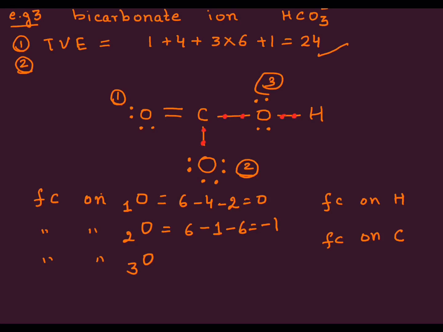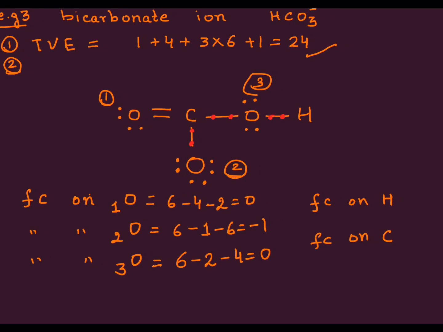We get a charge of minus 1. And what about the third oxygen? You have 6 minus, it is forming 2 bonds and it has 4 electrons in the lone pair, again a 0. So if you notice over here, the oxygen which is forming a single bond is having a charge of minus 1.